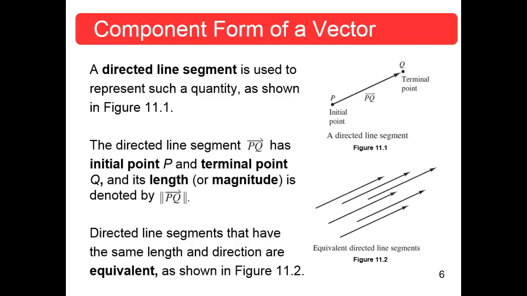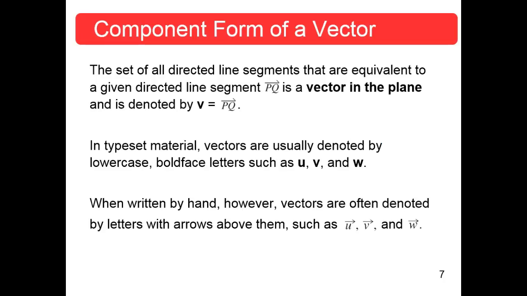Okay, well, I guess we're staying in a plane right now. But if it's same magnitude, same direction, those are equal or equivalent vectors. Okay? So the set of all directed line segments that are equivalent to a given directed line segment PQ is called a vector in the plane. So we are staying in the plane, we're not getting out into space somewhere. And it is denoted by the vector v equals PQ.